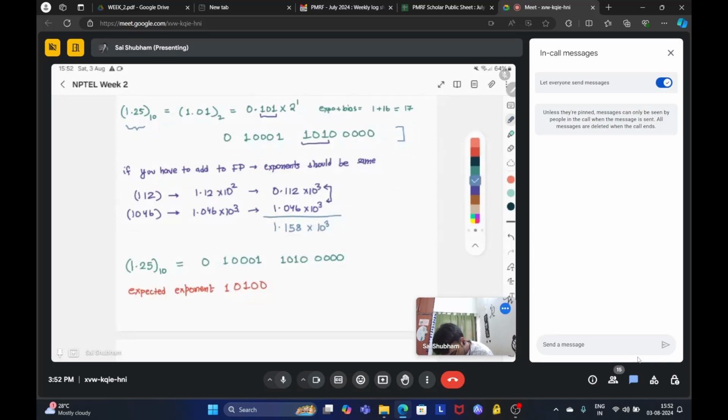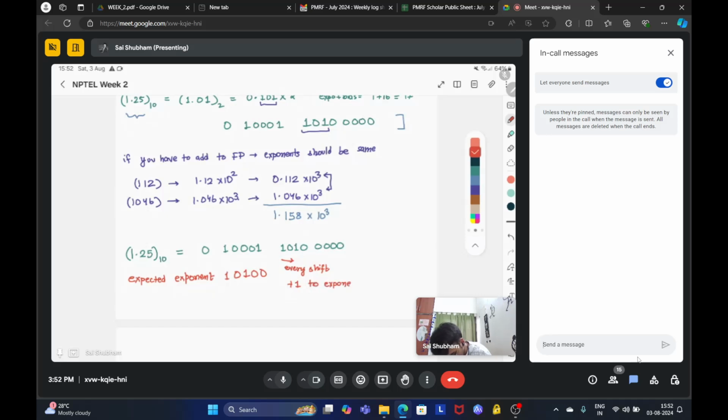For every shift that I perform in the mantissa, I can add plus 1 to the exponent. Is this clear?